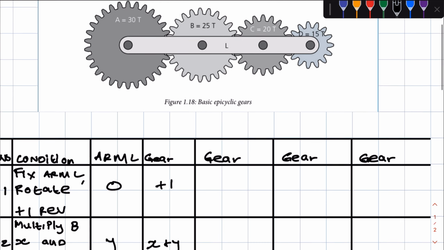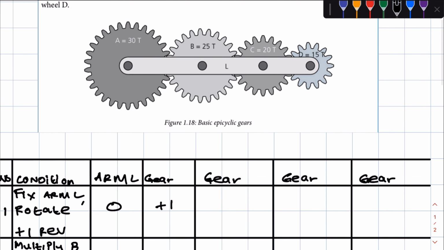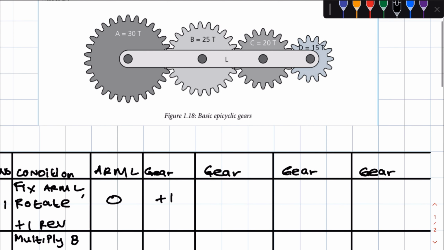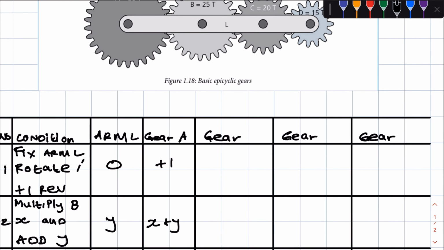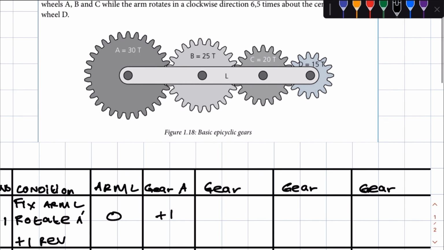Now, this is not your typical epicyclic gear system, so with this one, you choose the biggest gear as your annulus. The biggest gear out of these 4 is gear A, so we're going to choose gear A as our annulus and rotate it by 1 revolution in the clockwise direction.